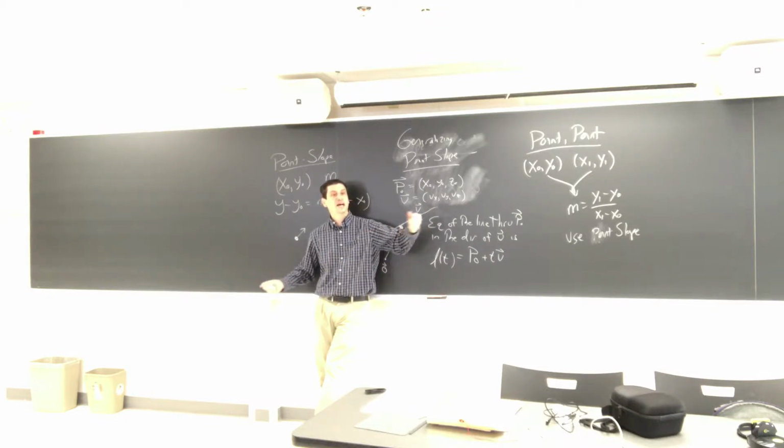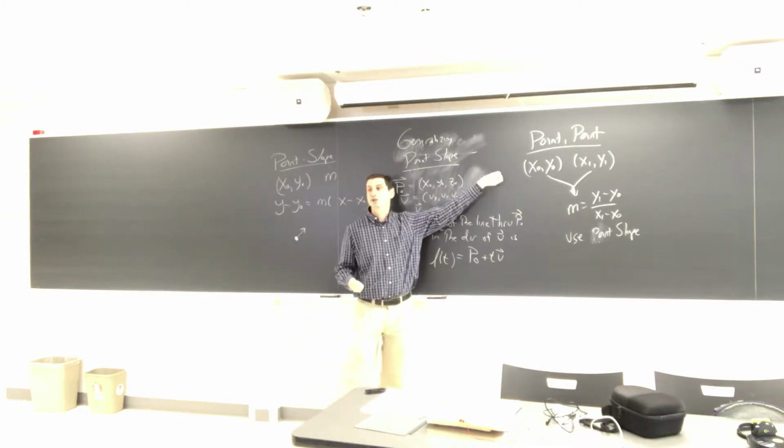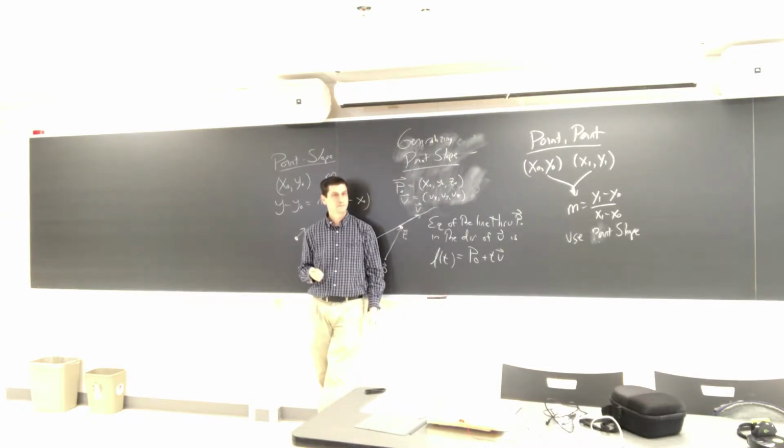If I'm lying on a line, I should really only need 1 input to tell me where I am at any point on the line. So at time 0, I'm here. And all I need to know is how long I have flown to figure out where I am at some later point in time. Okay, so everybody comfortable with a line is a nice one-dimensional object.